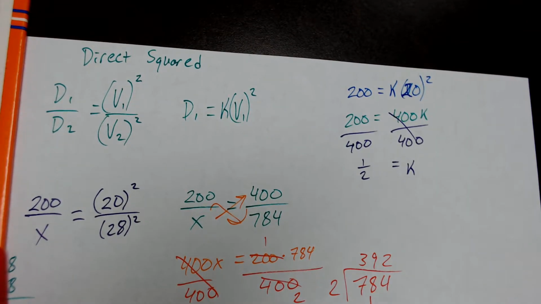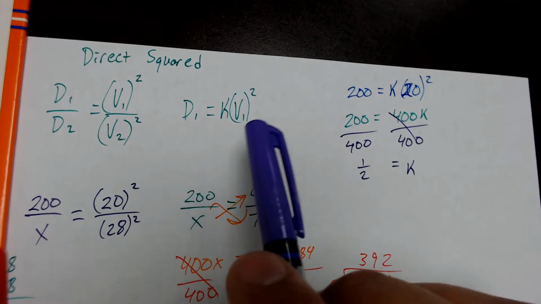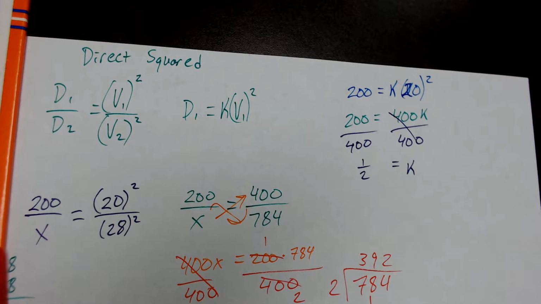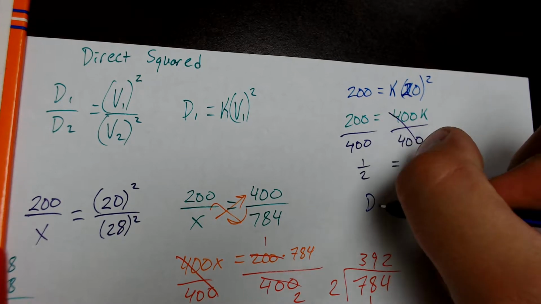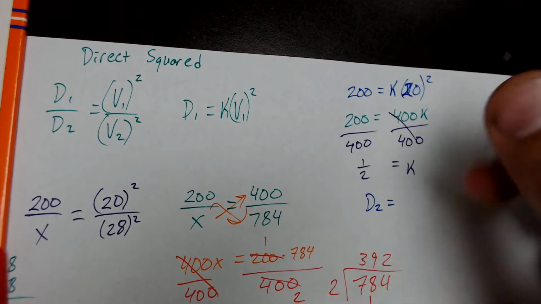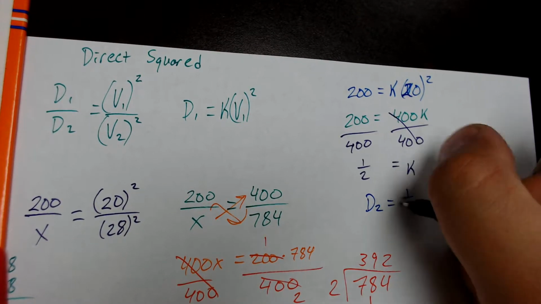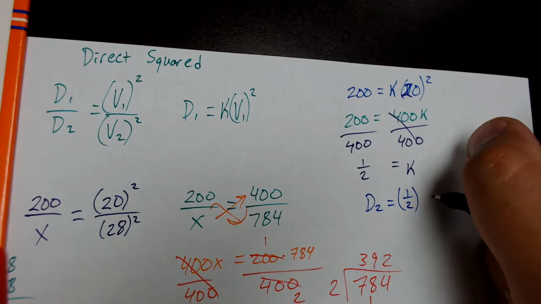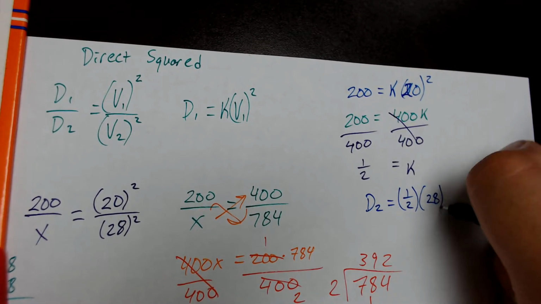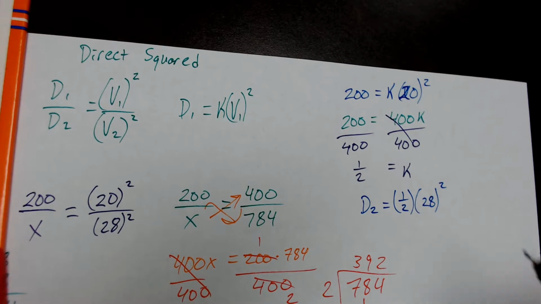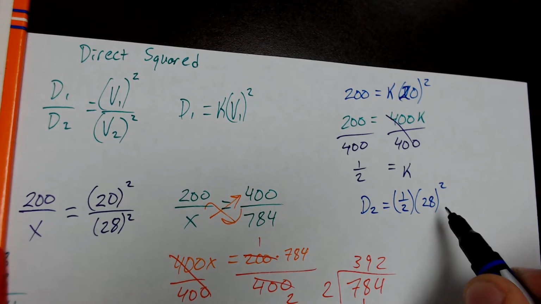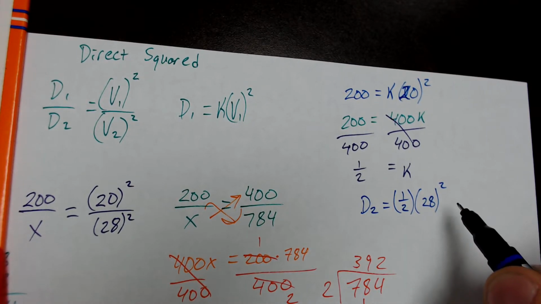So now that I've got my constant, I'll go ahead and plug that into the same equation using velocity 2 and an unknown distance 2. Velocity 2, we said, was 28 kilometers per hour. So distance 2 is going to equal the scale factor of 1/2 times 28 squared. And then we already found out that 28 squared is equal to 784.